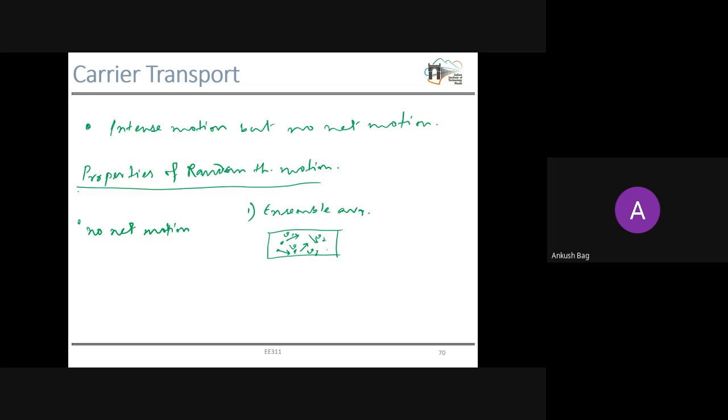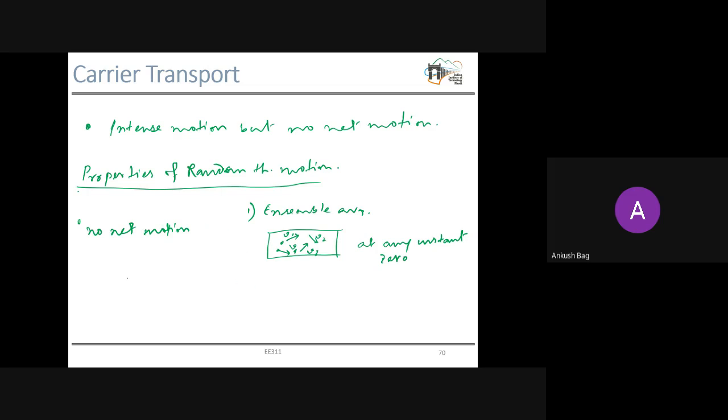So the ensemble average says, if we take the sum of all these velocities, at any instant it will be 0. That means there is no net motion. This is how we interpret no net motion.